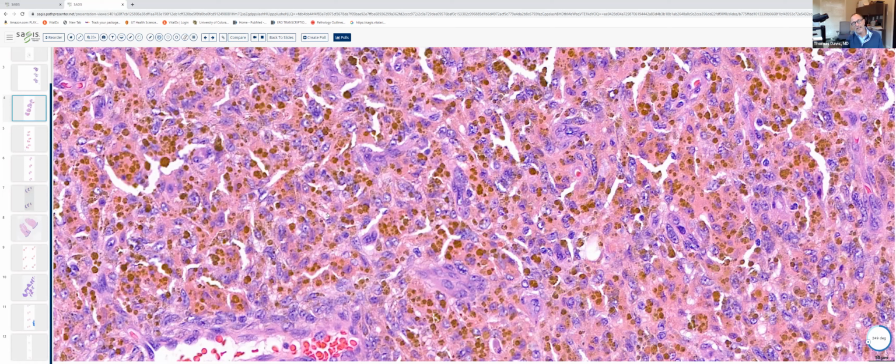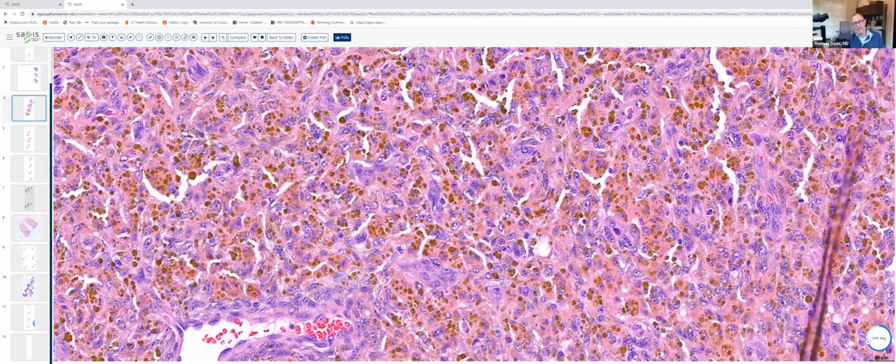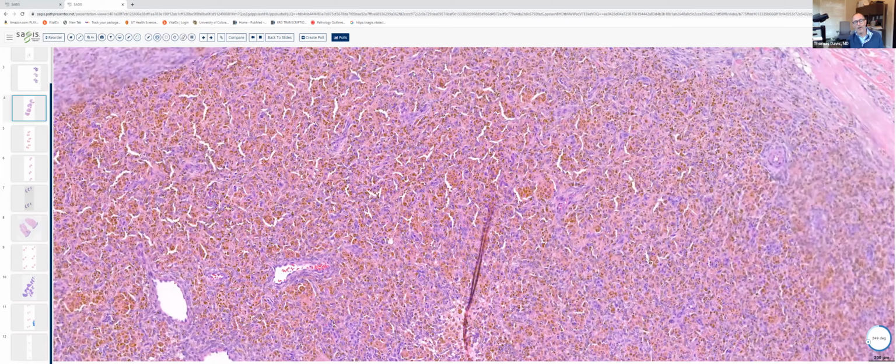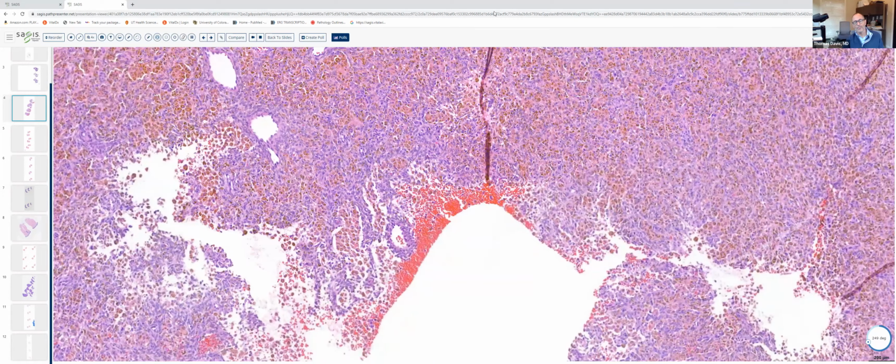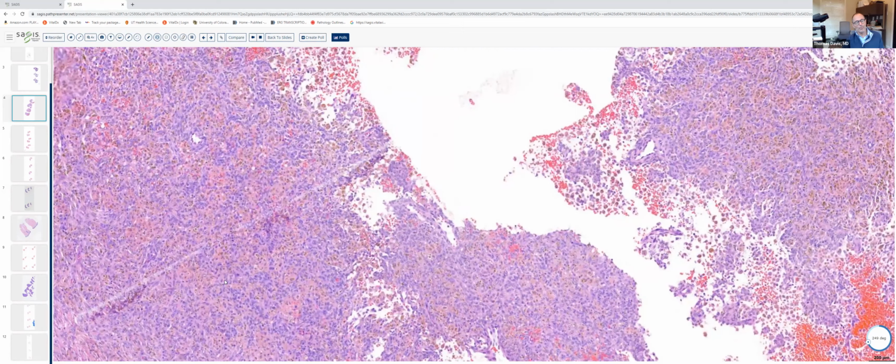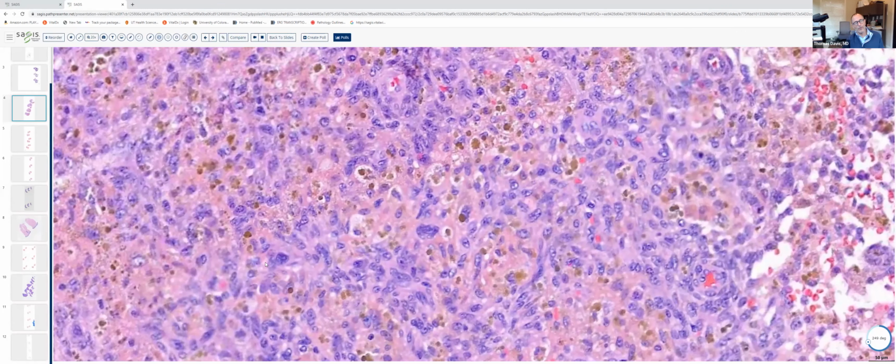So in any case, getting back to the lesion in question, we've got a lot of hemosiderin-laden histiocytes here. We've also got, in other areas, fascicles, kind of randomly oriented, of histiocytes and fibrocytes with oval and fusiform nuclei.